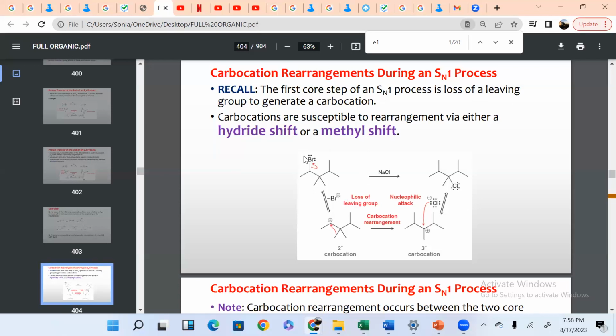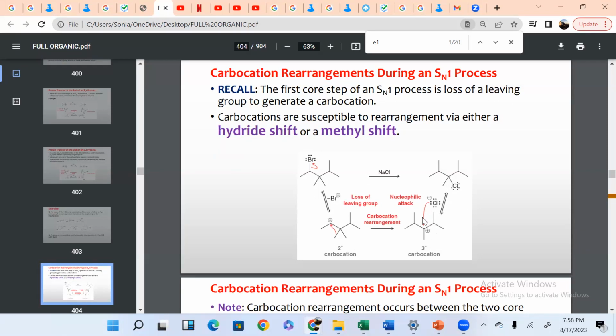We have the bromine leaving group, it leaves, but you can see here it has formed a secondary carbocation. But there are two methyl groups here on this beta carbon. So what happens is it will experience a methyl shift. This group here will break off, come here and form a bond here. And of course, as a result of this bond breaking, the carbocation will shift from this position to here. And here we have a more stable tertiary carbocation.